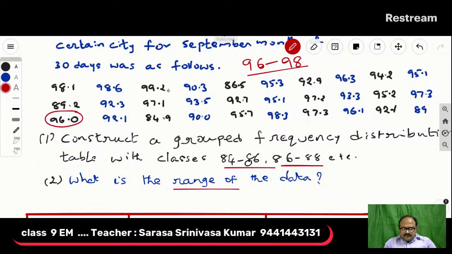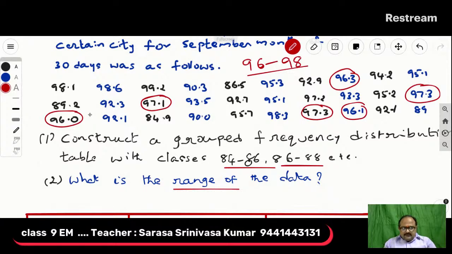So 97.1. This is another observation. 97.3. 96.3. 96.1. 97.3. 1, 2, 3, 4, 5, 6.